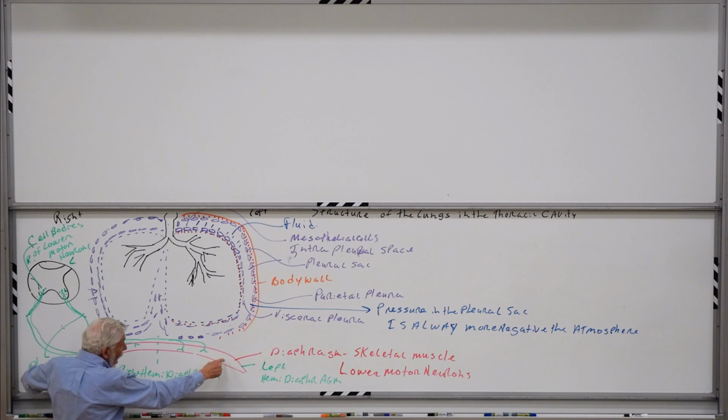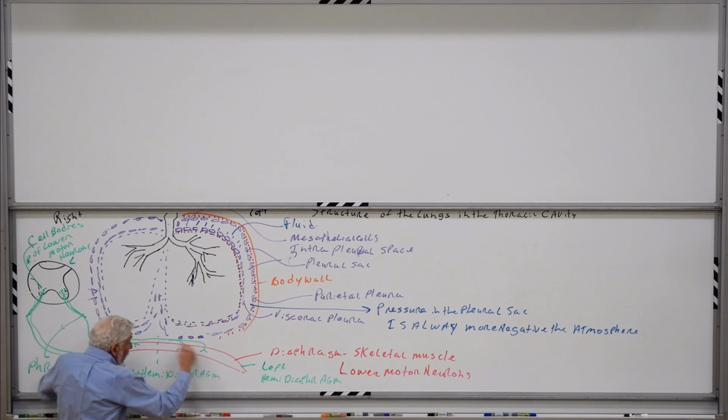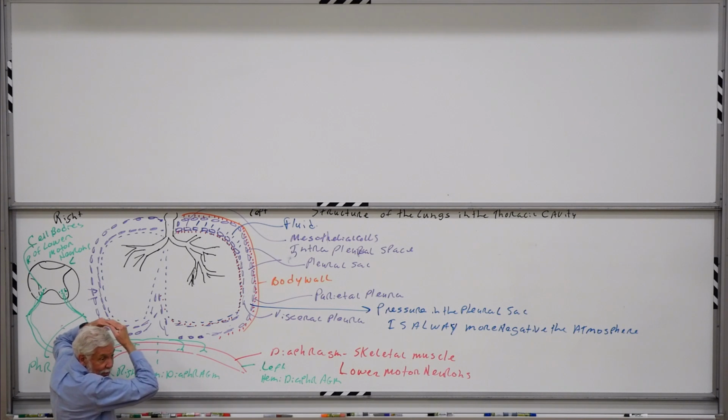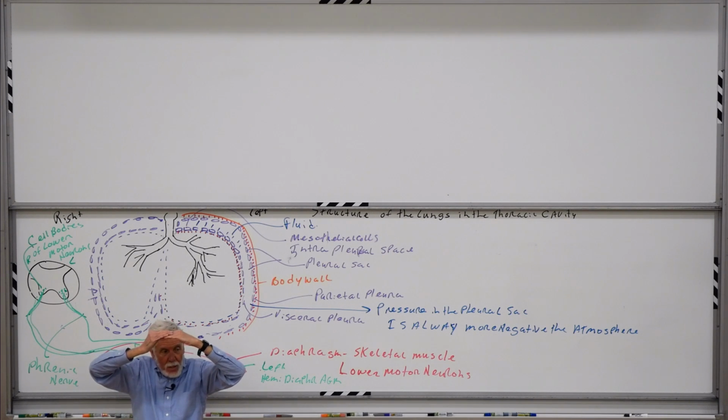When this muscle contracts, what's this muscle going to do? When these sarcomeres shorten, what is this muscle going to do? It's going to shorten. Well, normally that diaphragm is dome-shaped, so it extends up into the thoracic cavity. But then when the sarcomeres shorten, that shortens the whole muscle.